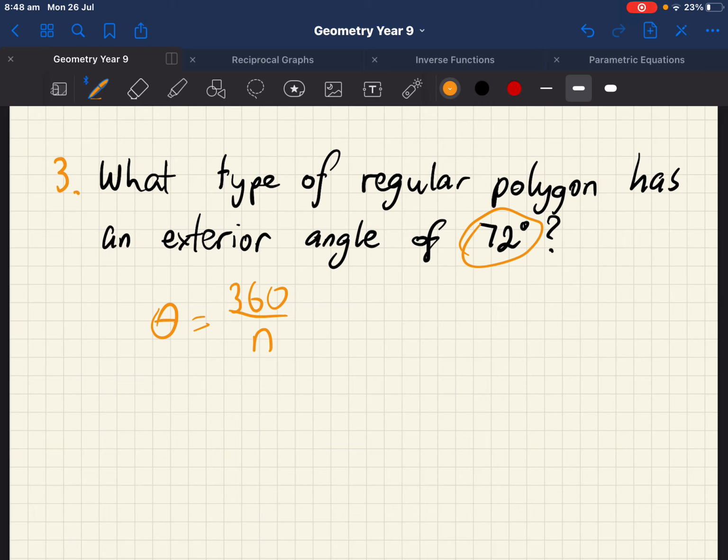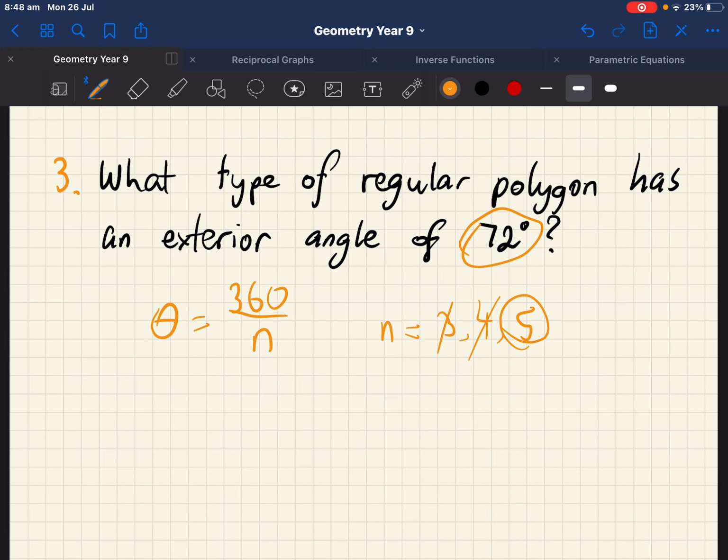And when you do that, you end up discovering, there's no point putting in 1 or 2 because a 2-sided shape isn't even a polygon. They start at 3 and go up. And what you discover, 3 doesn't work, 4 doesn't work. It's actually 5.